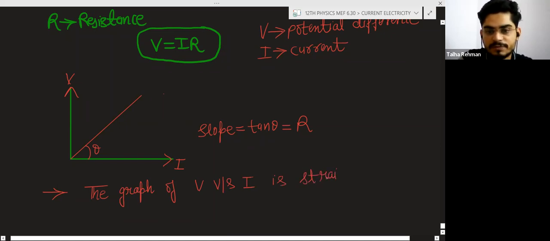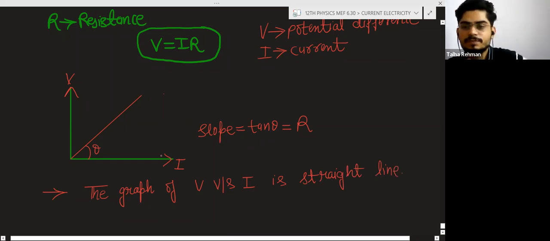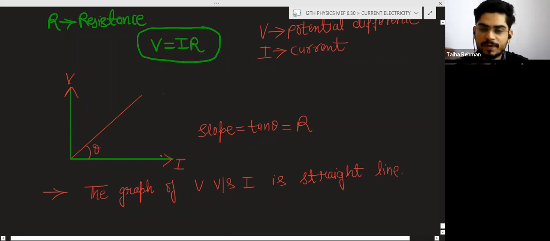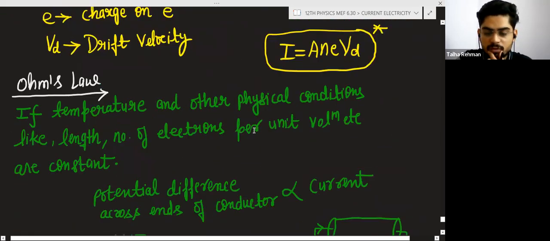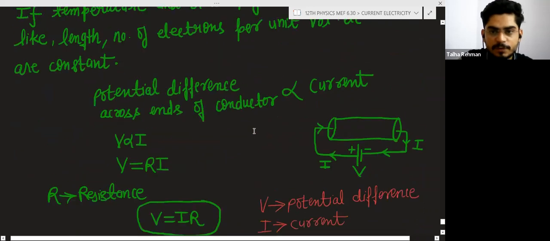This is a very famous graph. I can also prove this with the help of the equation of a line, but I am not doing this right now. So please note it down.